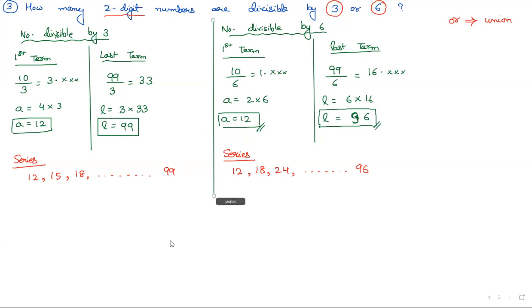So now, since it is OR, it is nothing but union.